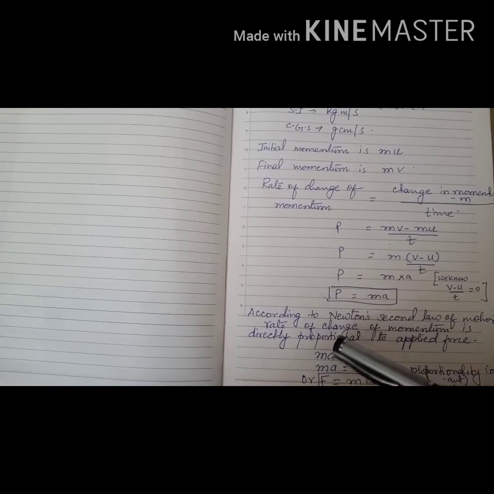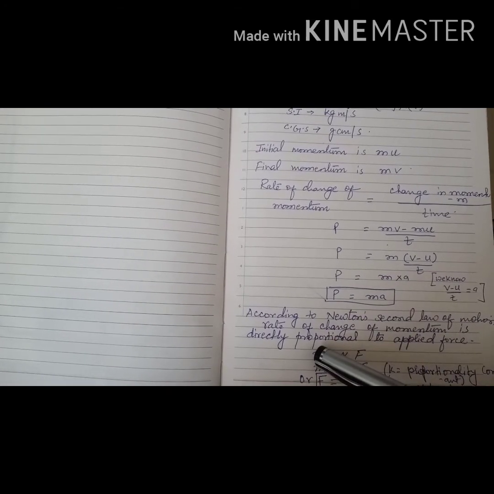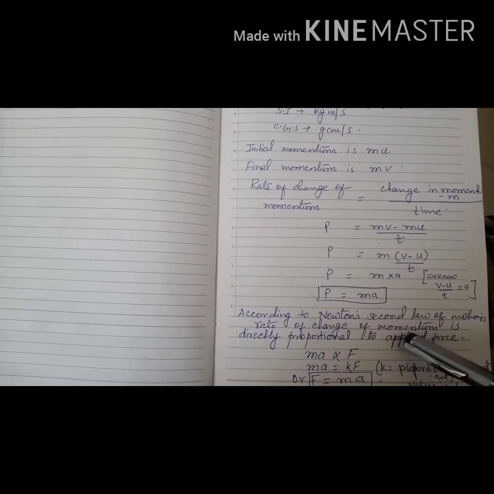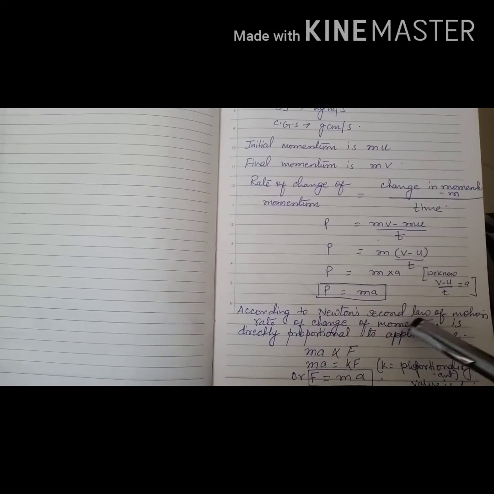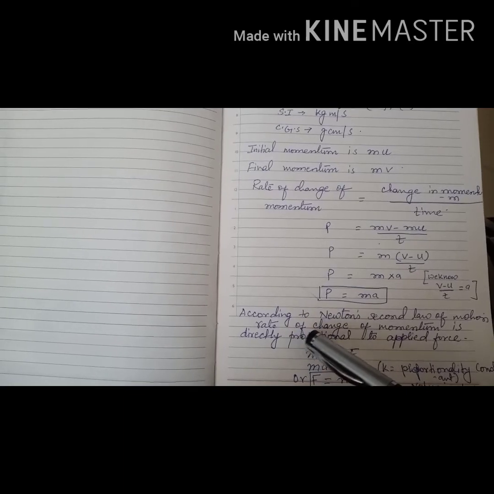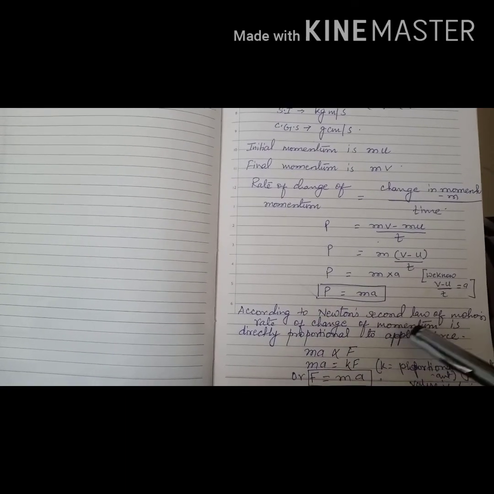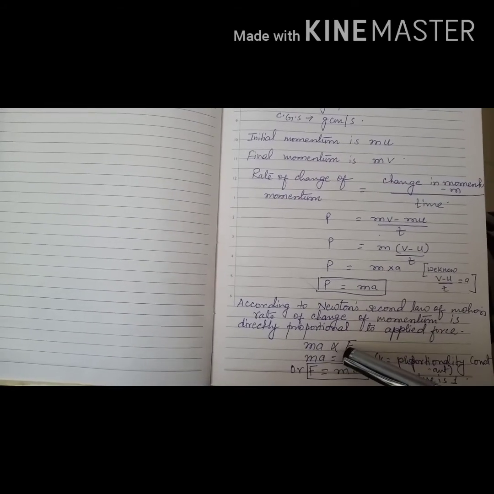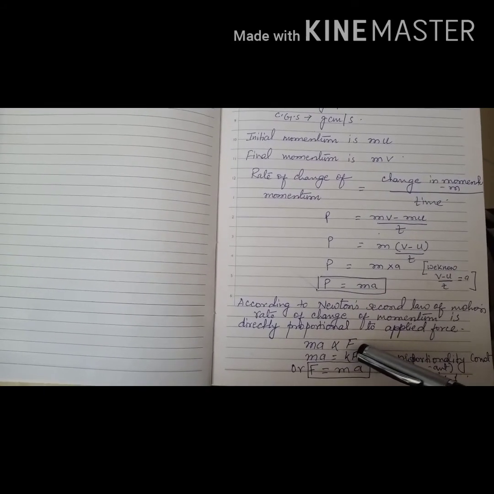So in place of the rate of change of momentum, I have written ma. From the definition you can see here, according to Newton's second law of motion, the rate of change of momentum is directly proportional to the applied force. So that definition I have written in mathematical form.